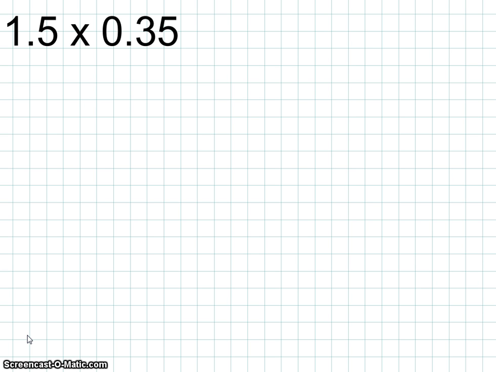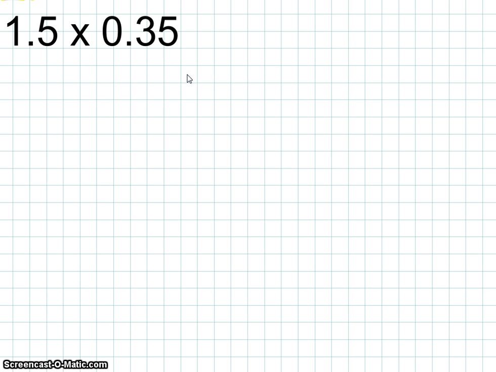As we discussed in class, it's okay to change the two numbers, the multiplier and the multiplicand. This is the multiplier here, and then the second number, the number we are multiplying the multiplier by, is the multiplicand.